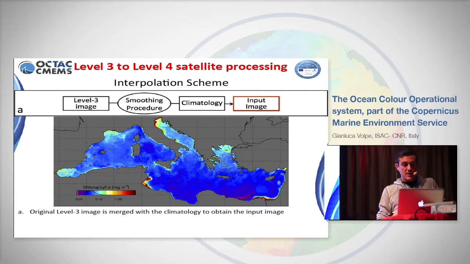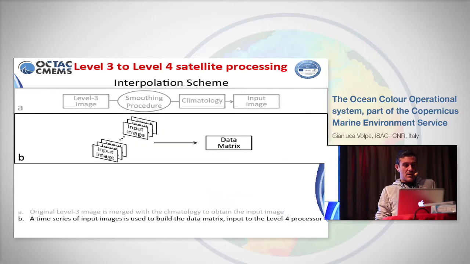This is the input image that goes into the data matrix used to build the level 4. So a time series of these input images is used to build the data matrix, which is then given to the level 4 processor.